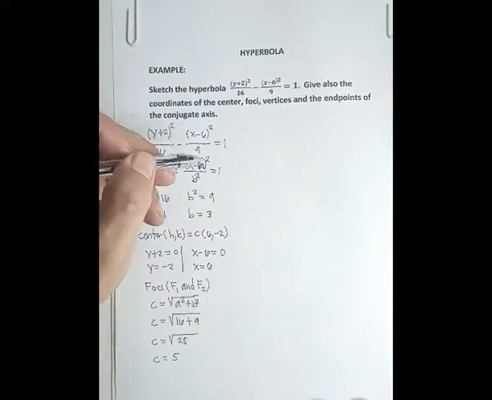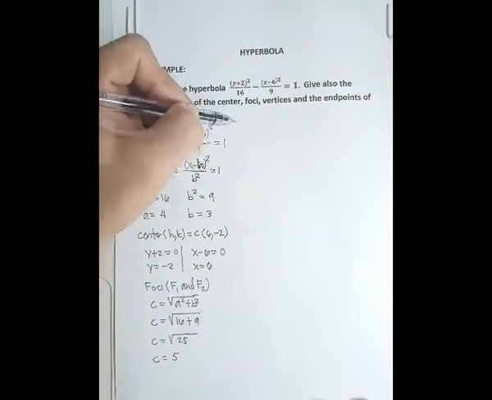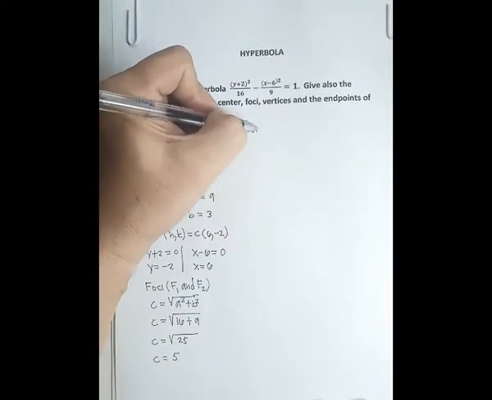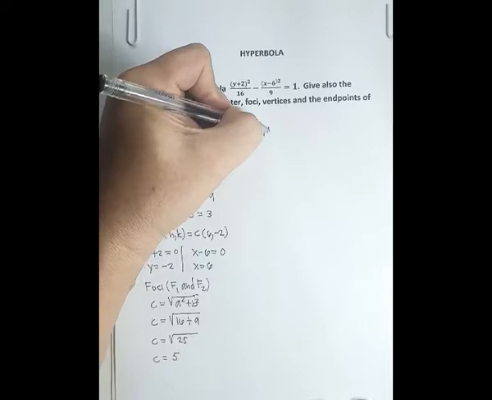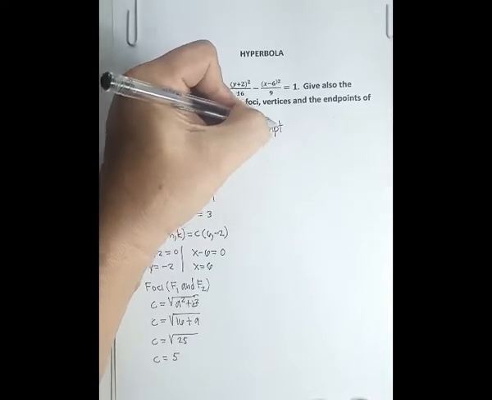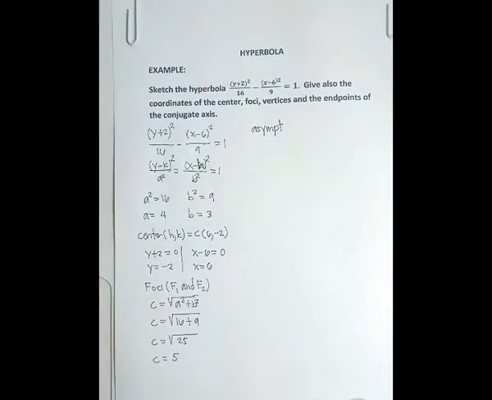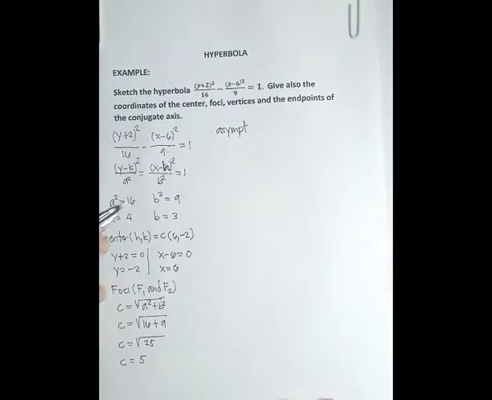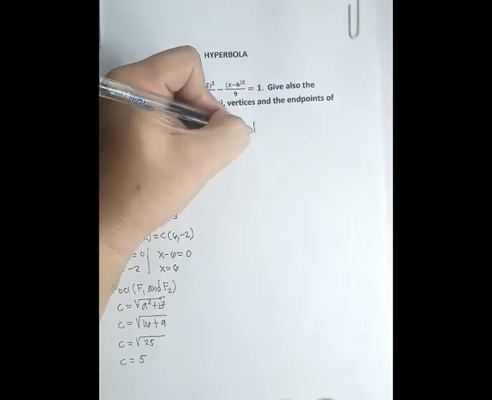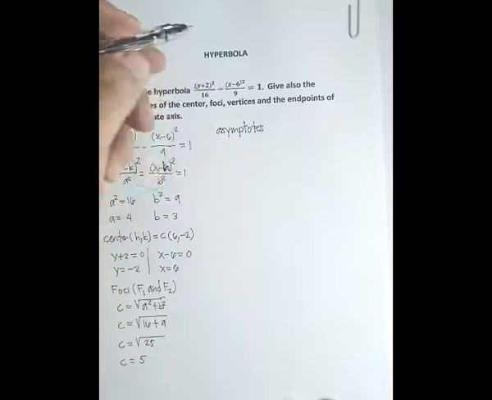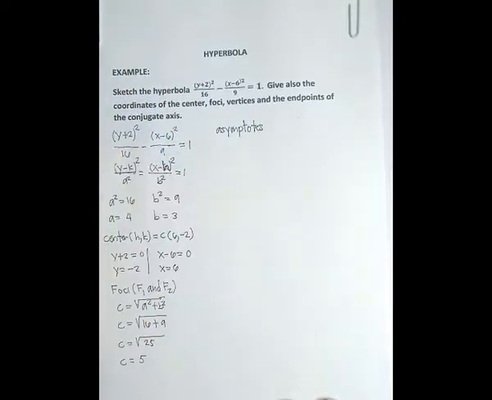Then the asymptotes. For the asymptotes, we equate the equation to 0.